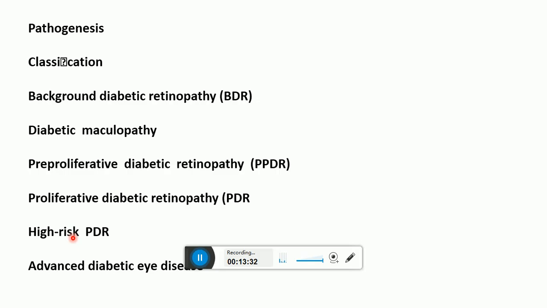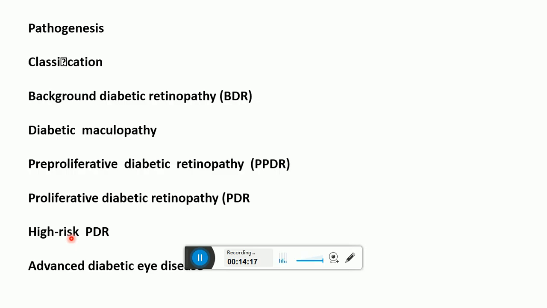High-risk PDR: there is either the presence of vitreous hemorrhage or pre-retinal hemorrhage, or presence of any active neovascularization or location of the neovascularization on or within one disc diameter of the optic disc, or neovascularization at the disc more than 1/3 disc area, or neovascularization elsewhere more than half disc area. Elsewhere more than half, at the disc more than 1/3.